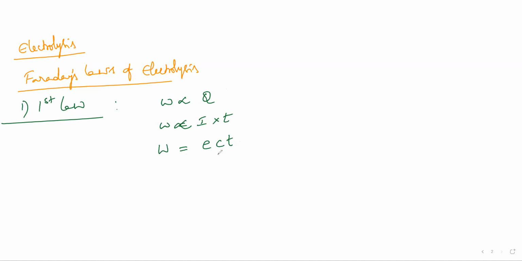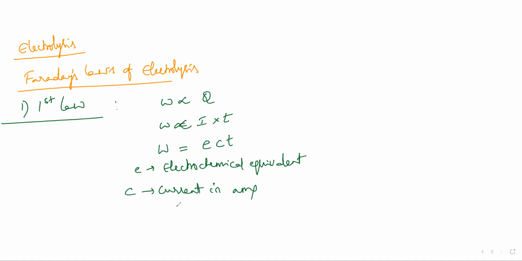Here E is the electrochemical equivalent, C is current in amperes, and T is time in seconds. Done.